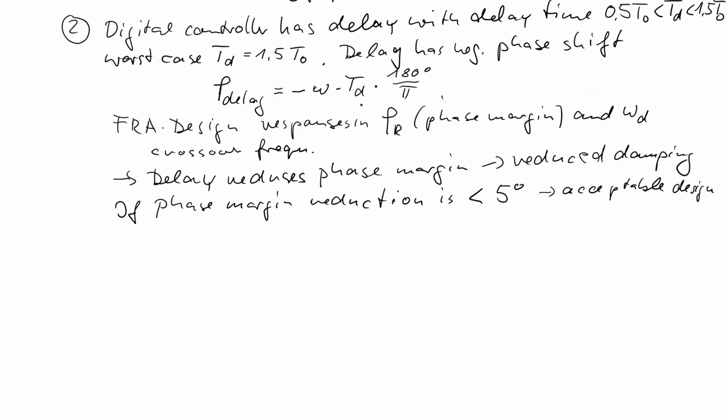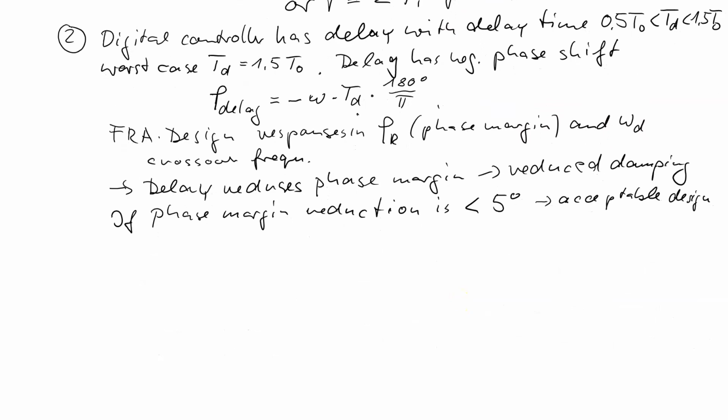Okay, can we now put all things together to get a limit equation for my sampling time? Yes, we can do. We put all things together and get the following result. The magnitude of the phase of the delay time block should be smaller than 5 degrees.